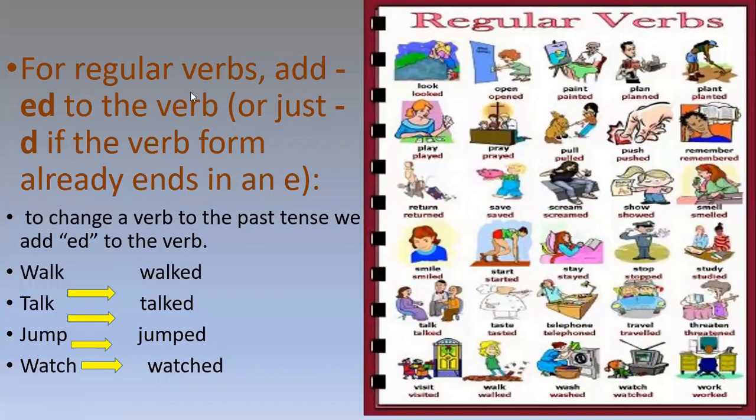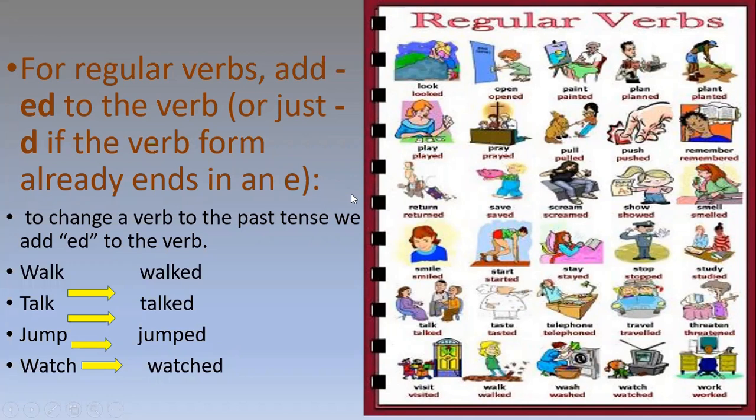As we talked about in Unit 2, we already talked about simple past. We said that for regular verbs, we add ed to the verb, or just d if the verb already ends in an e.